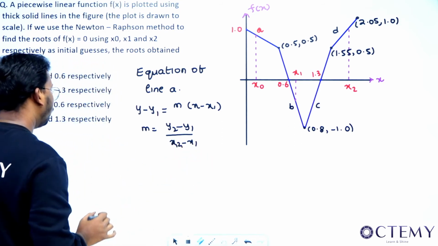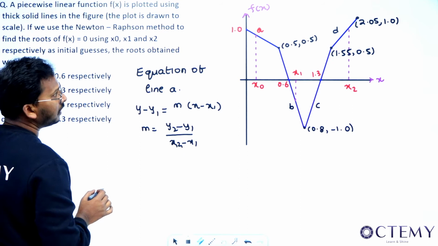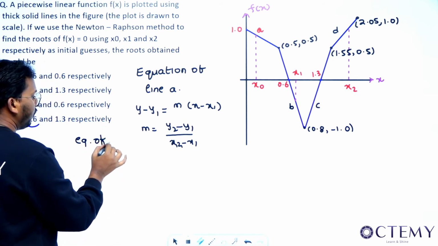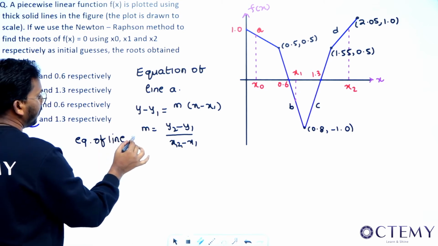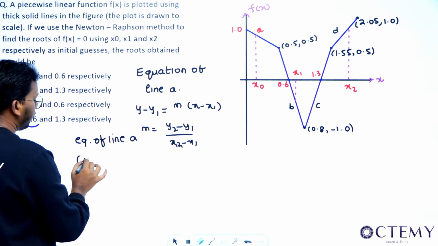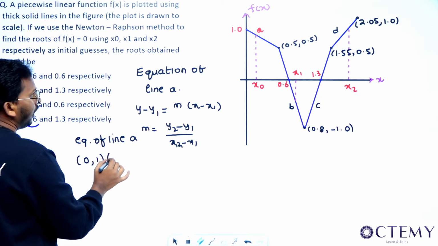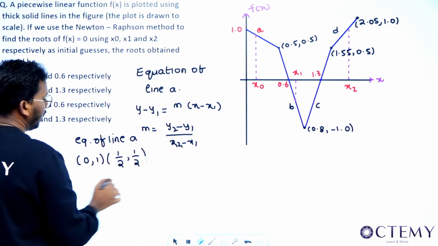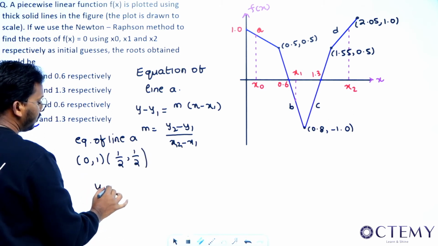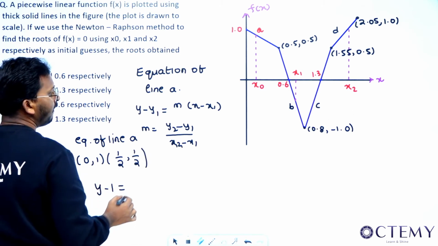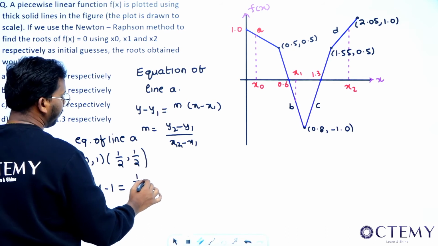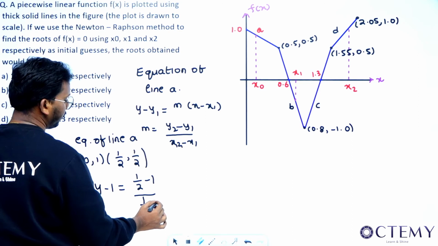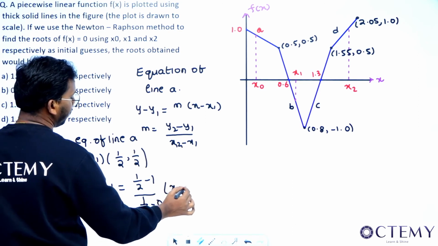Now, what are the points for A, sir? That is 0, comma 1 and half, comma half. That is 0.5, comma 0.5. So this is, say, y minus 1 is equal to (half minus 1) divided by (half minus 0) into (x minus 0).